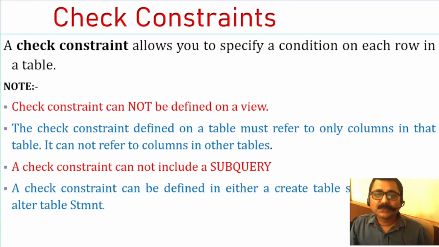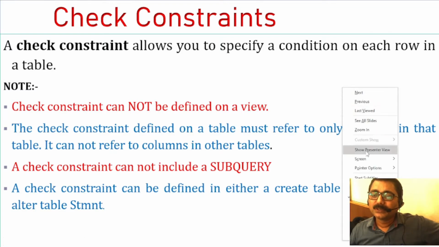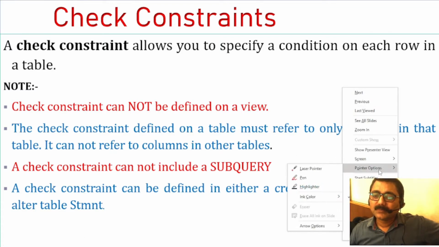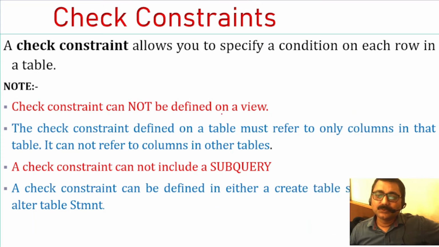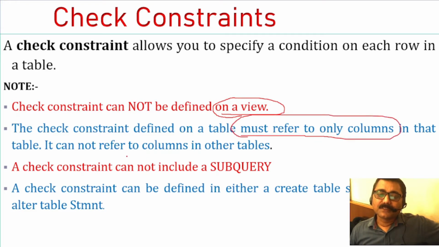One more addition to it: check constraints cannot be defined on a view. You all know that a view is a virtual table. So when it comes to a view, check constraints cannot be created on it. Again, if you are going to define a check constraint, it must refer only to columns of that table. You cannot refer to a column of any other table.